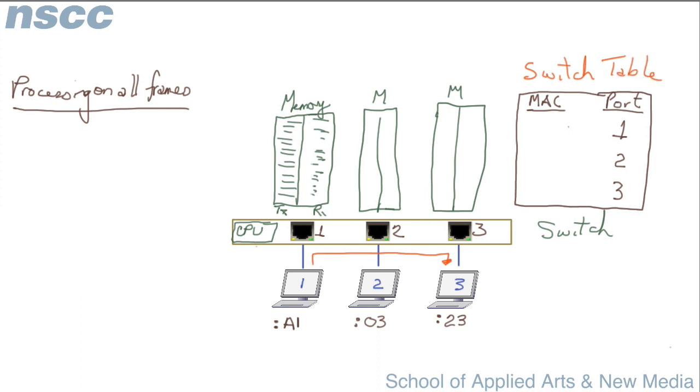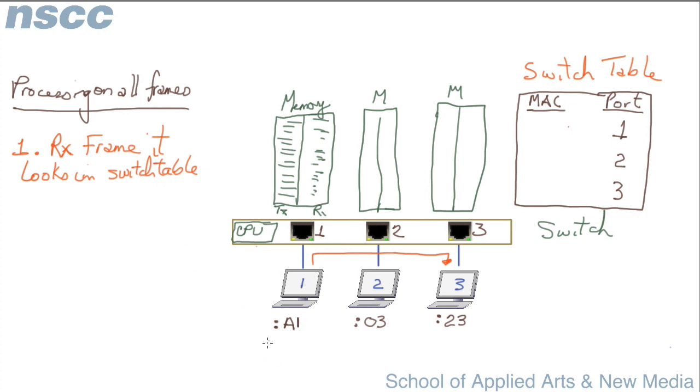And one of the first things that the switch does is, if it receives a frame, it looks in the switch table to see if it has an entry for it.